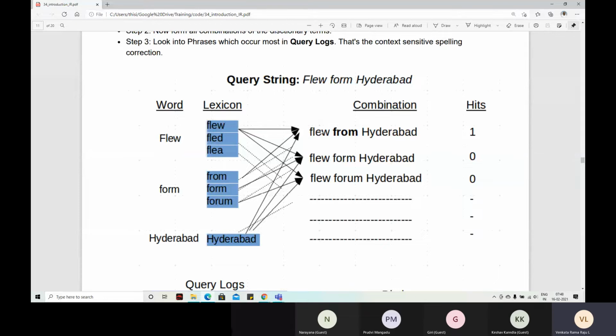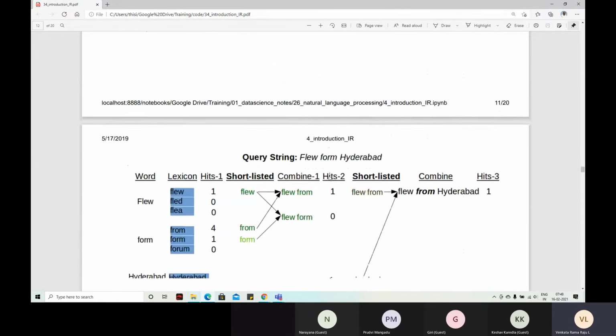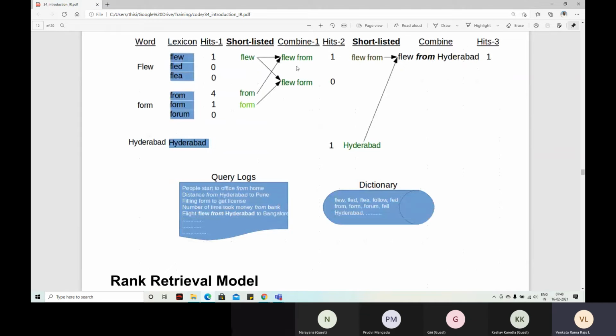We are doing lots of combinations here and searching in the query log, so it's going to take a lot of time. You can reduce the number of combinations by taking the most popular closest words and forming the sentences, then taking the most popular on the third one, and forming the sentence, instead of taking all the combinations including the least prominent words.